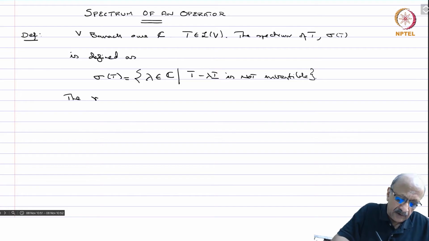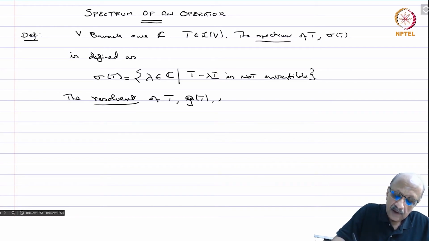The resolvent of T, denoted rho(T), is defined as the complement.